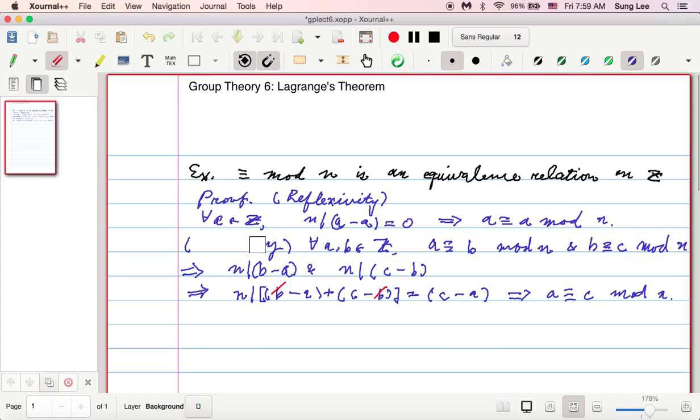I'd like to do things in order, but that's okay. So this is transitivity.